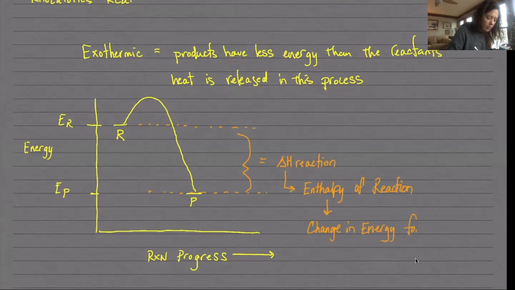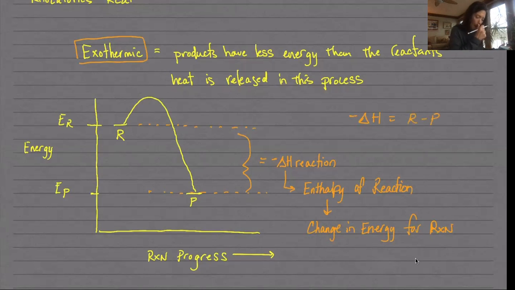Okay, and if my energy profile shows that the products have less than the reactants, we're going to have a negative delta H, exothermic, energy lost. I could calculate that by getting the difference between P and R, so I would go R minus P here.